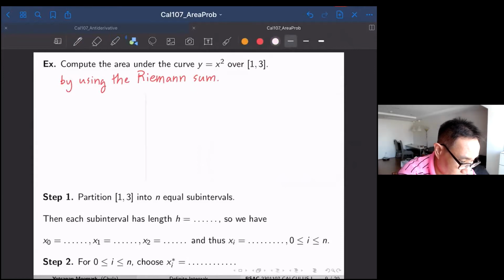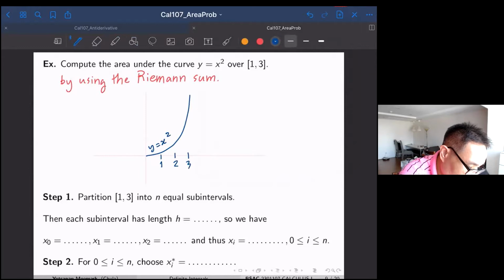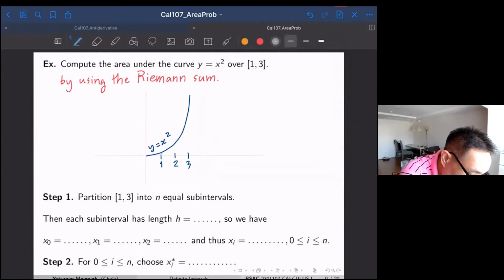You have y equals x squared, which gives you a parabola, over the interval 1 to 3, so 1, 2, 3.